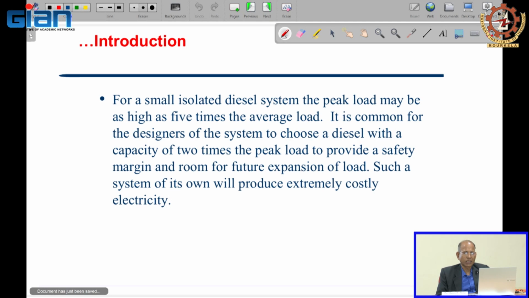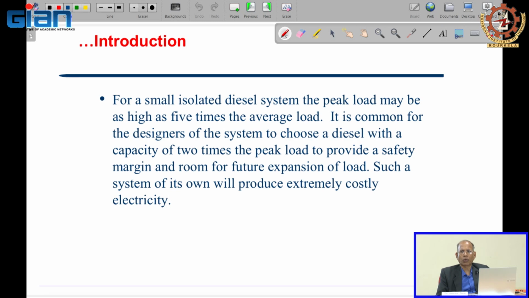So in that case, the size of the diesel generator would be significantly large. You have to take care of this because the system is isolated. Even if peak demand is there, it occurs for a very short duration of time.